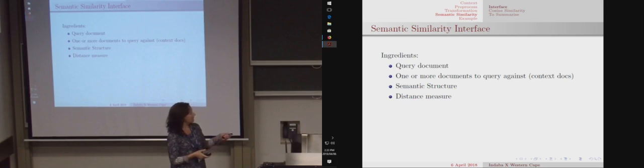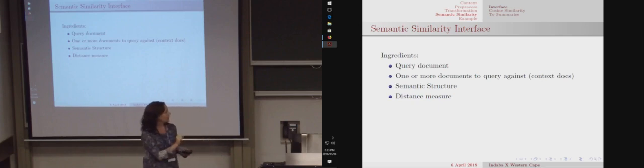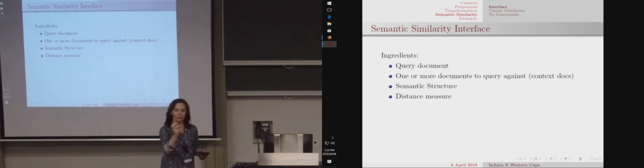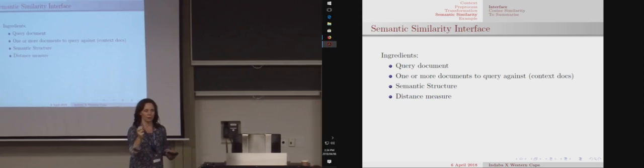And then in the background, there are context documents or reference documents that you want to bounce your query off against. And you want to understand how closely or how similar your query document is to your context documents.